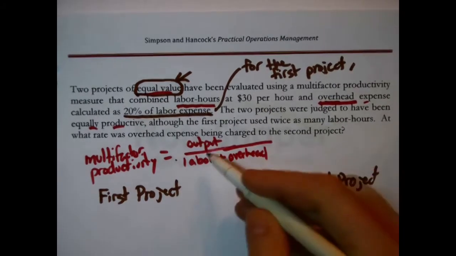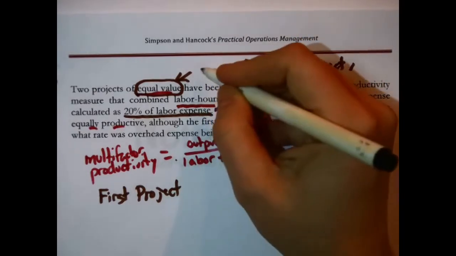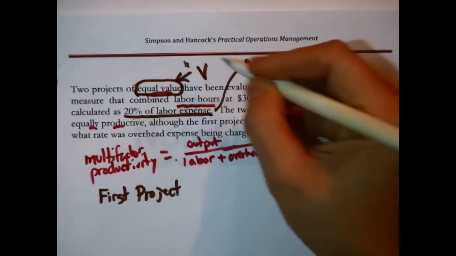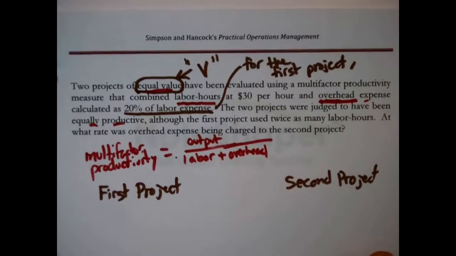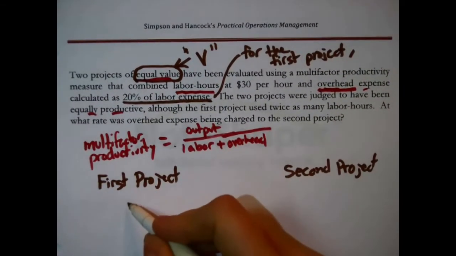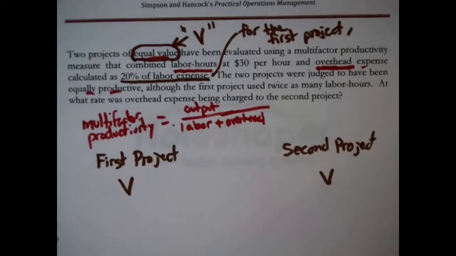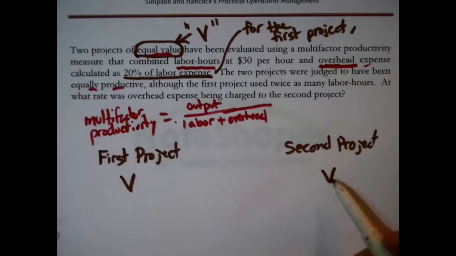Let's let that value be V, for value. I thought maybe O for output, but that looks too much like a 0, and we might get confused later. V stands for the actual value of the project, because it's the same in both cases.